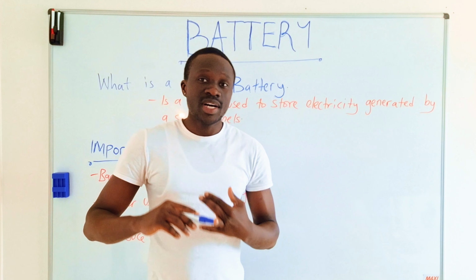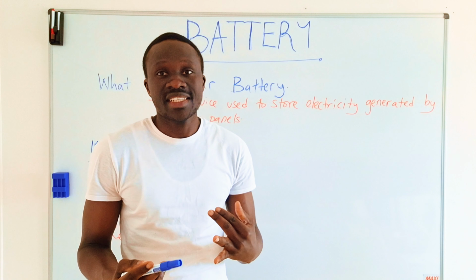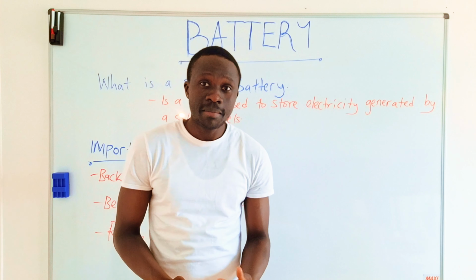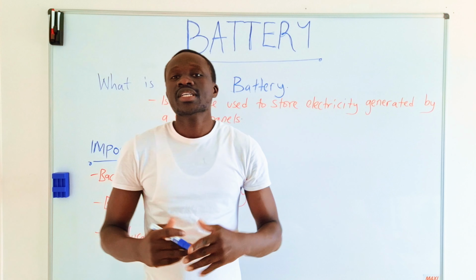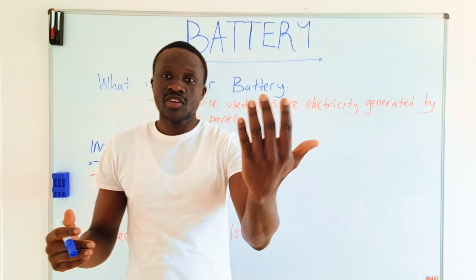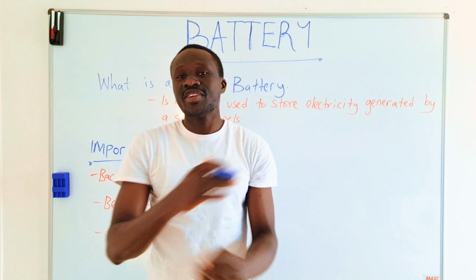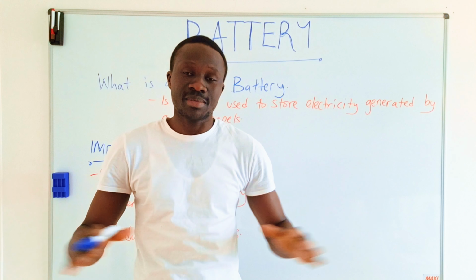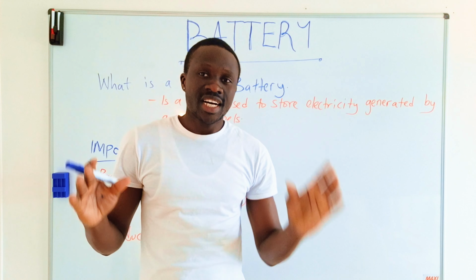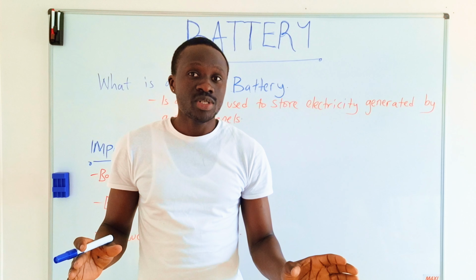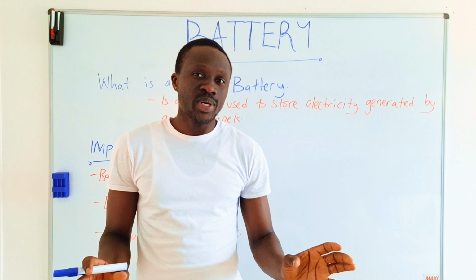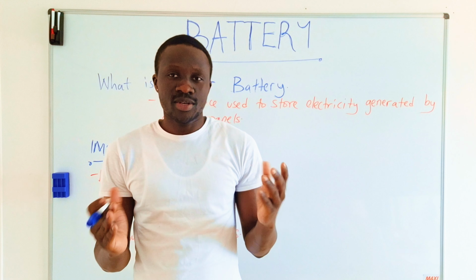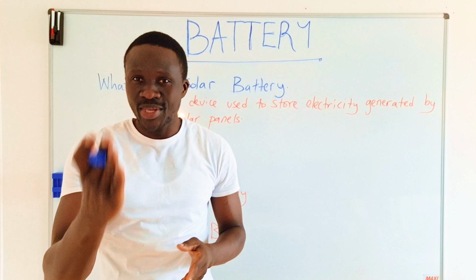There are ones with lead acid, with acid in them. Any type of battery in your solar system, as long as you have calculated it well, installed it well, and are maintaining it well, will power your gadgets the way you want.